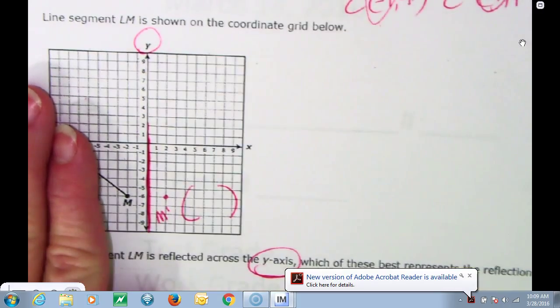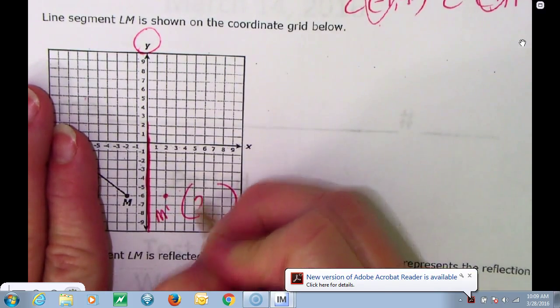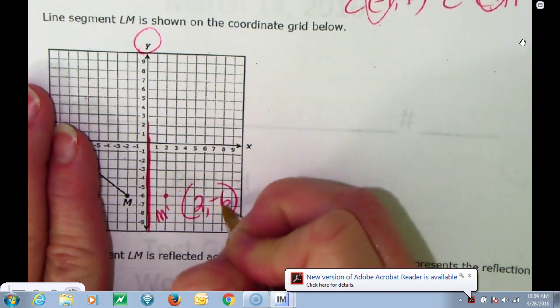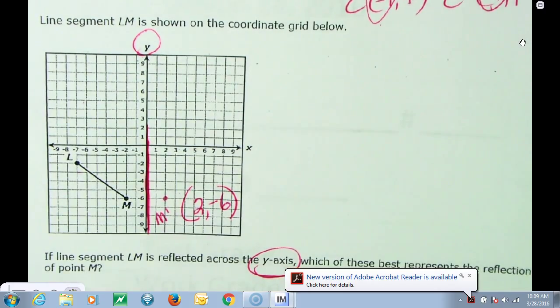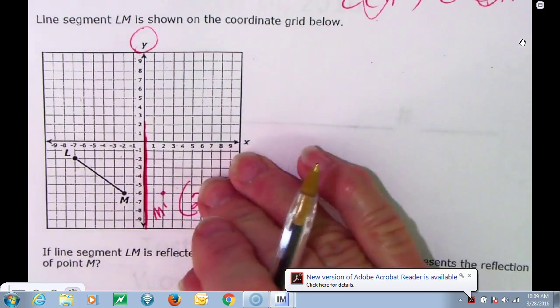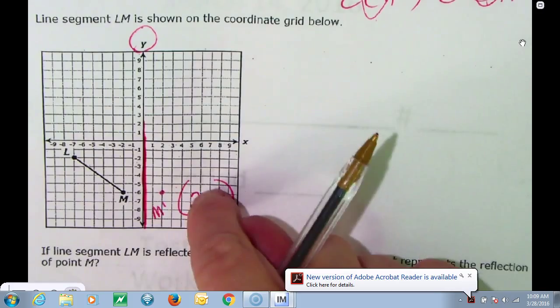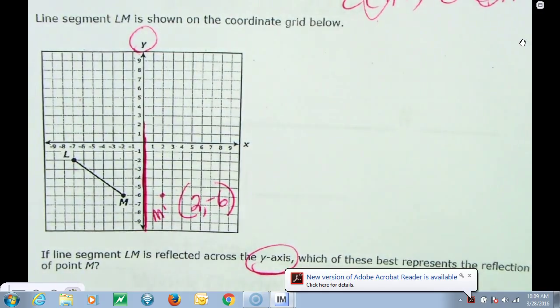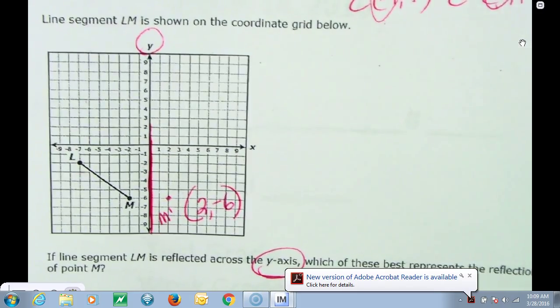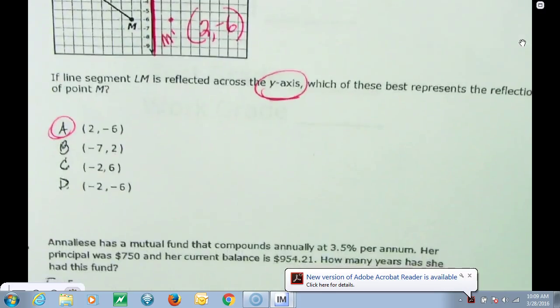They got it right up here because they didn't write the coordinate down. What is that coordinate? 2, -6. And then they got confused and picked C. Had it right up here. Or D. They picked C or D. If you write it down, then it's going to be hard to miss it. Guys, we cannot miss reflection. That's too easy. Come on now.